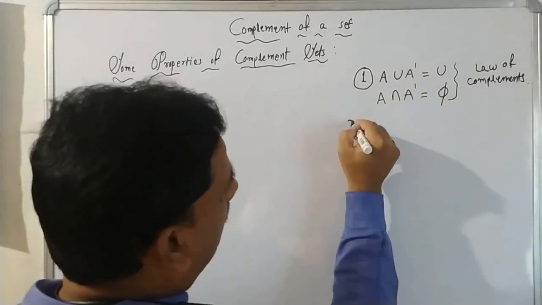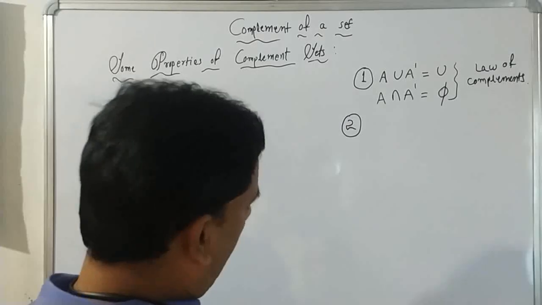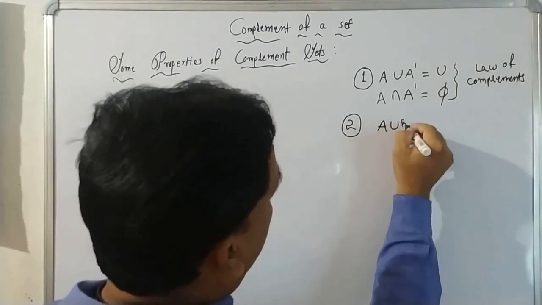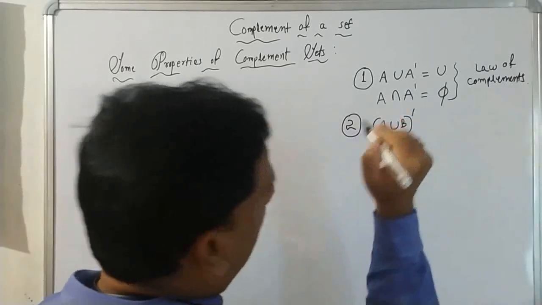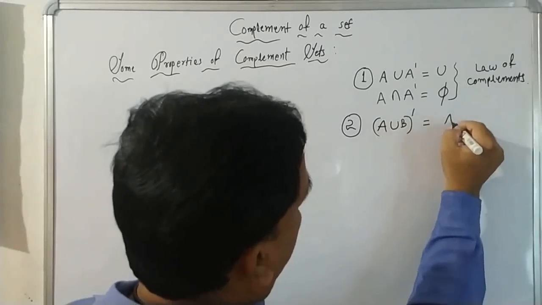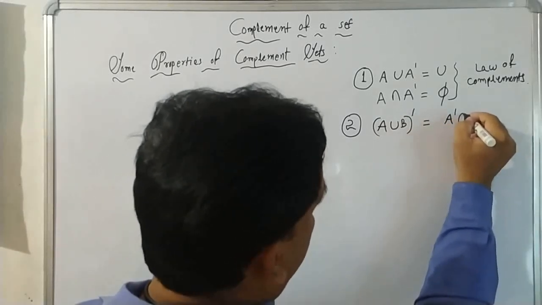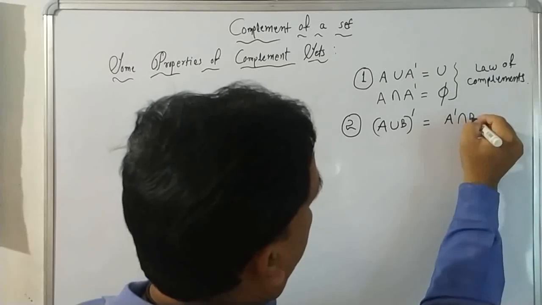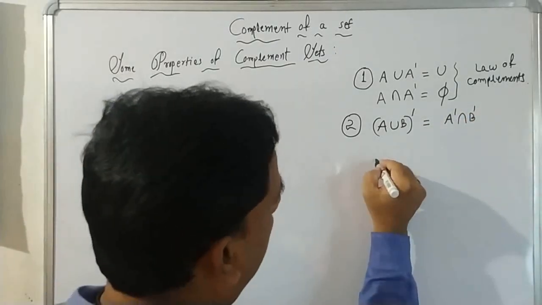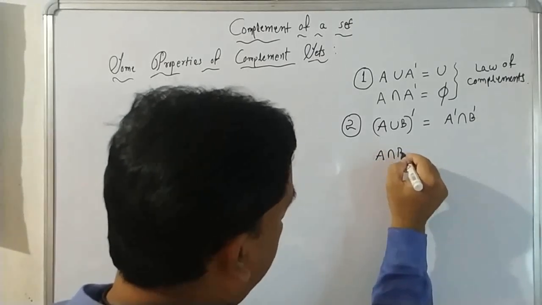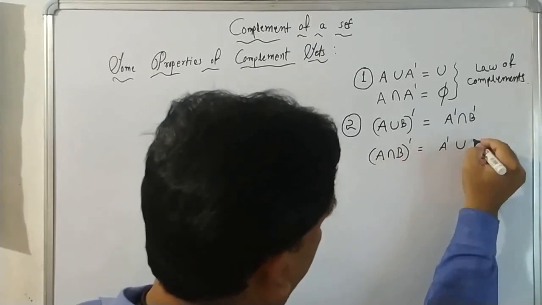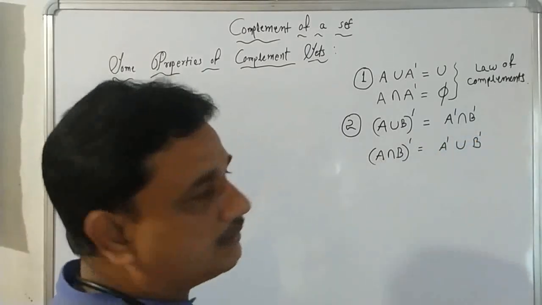Then one of the most important laws: the complement of the union of two sets is equal to A complement intersection B complement. Okay, this is one, and another one, A intersection B complement is equal to A complement union B complement.